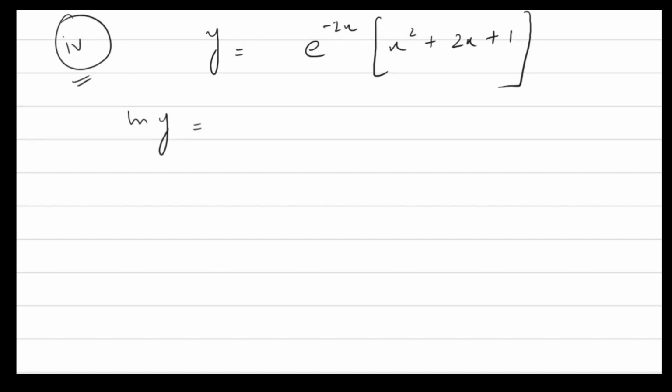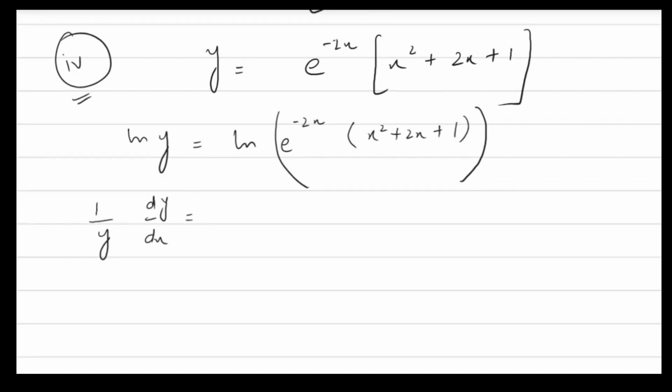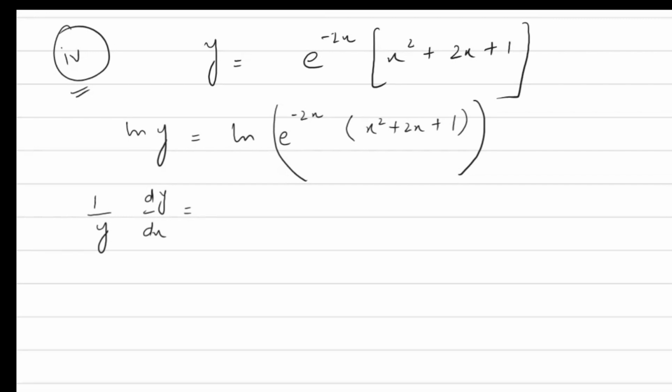Taking ln on both sides of the equation, ln y is equal to, and this is a combination of two functions. Two functions are multiplied with each other when we are going to apply ln on them. So it will convert this multiplication into addition.